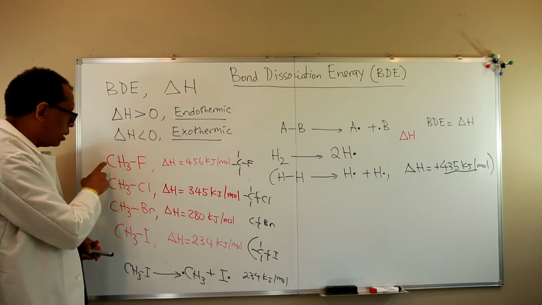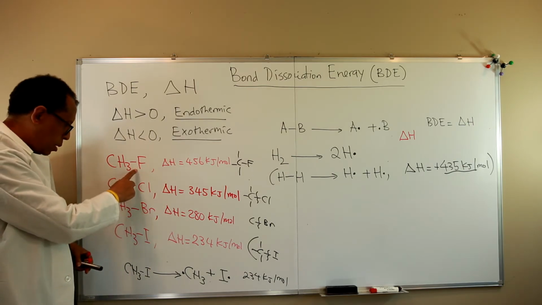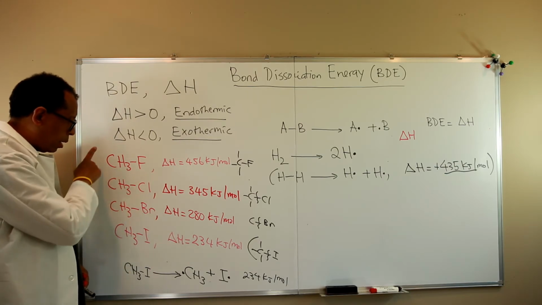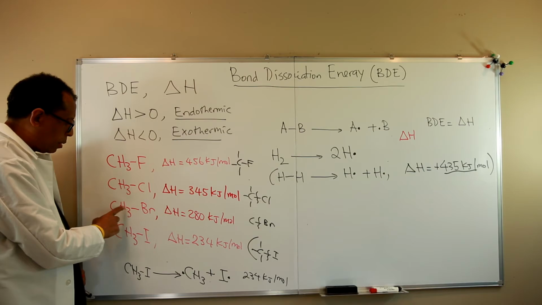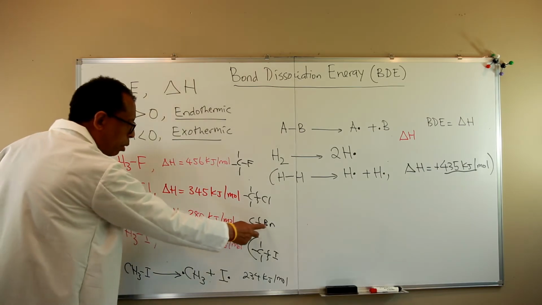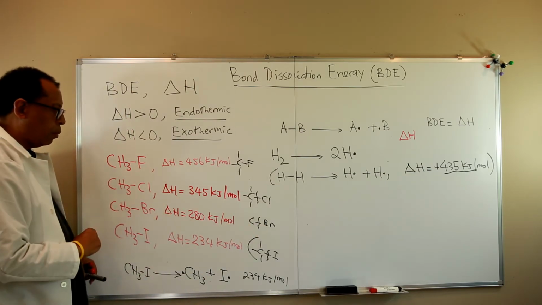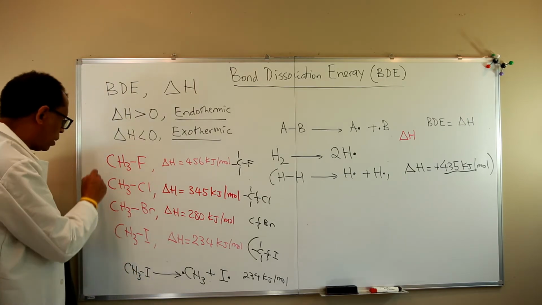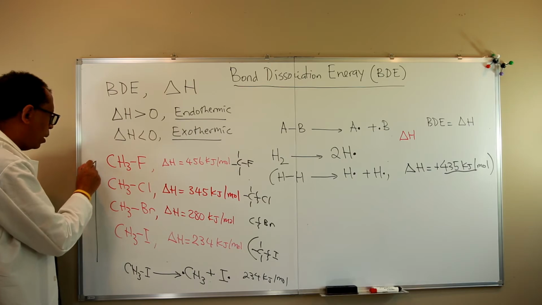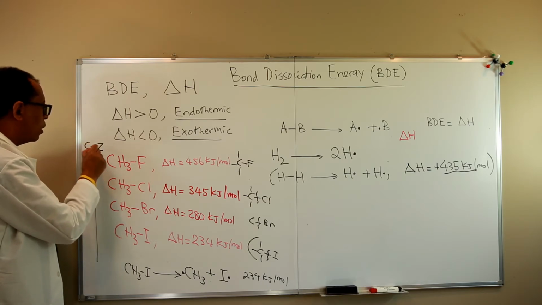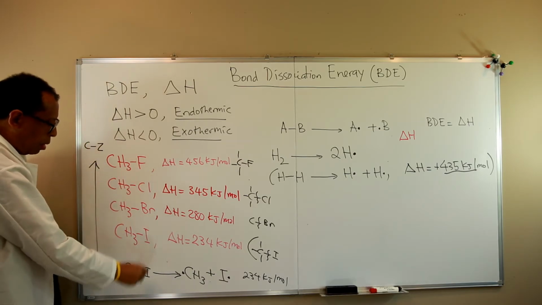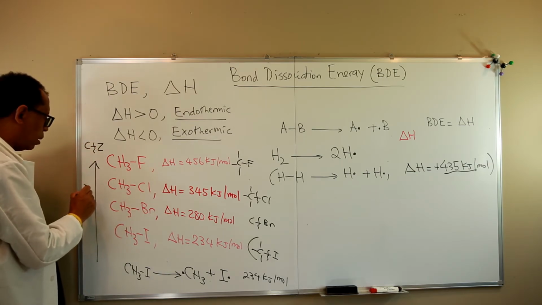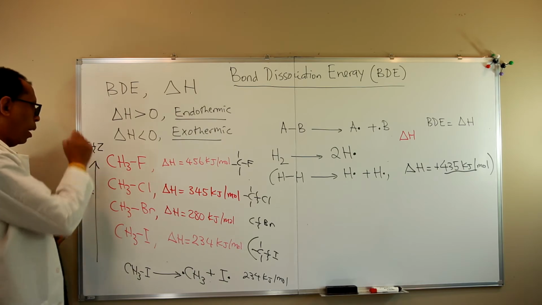Here we rationalize that the carbon-fluorine bond is very strong. Here carbon-iodine is less strong than the others. Here the carbon-bromine bond is the next weaker one. Then it goes up. So for the carbon-Z bond, where Z represents fluorine, chlorine, bromine, iodine, the bond dissociation energy increases going up.